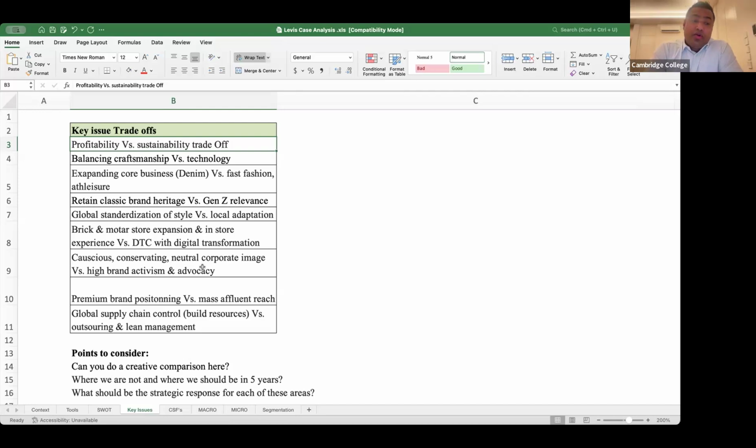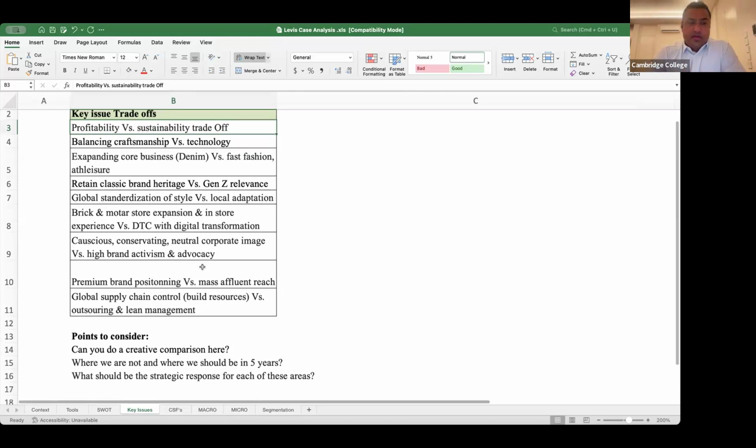Or are you going to be lean and agile and outsource your non-value adding activities, just like a brand like Nike? You just stick to a few things of design and marketing and brand management and outsource everything else. So these are some of the trade-offs that you need to take strategically, and you need to have an opinion, right?